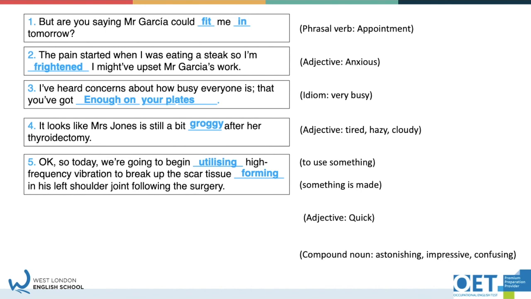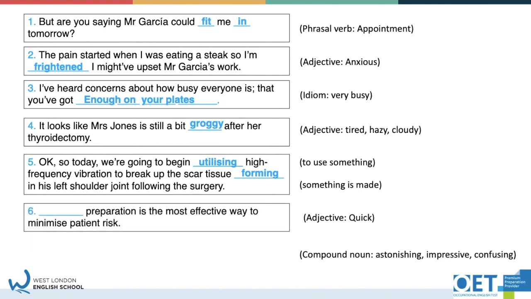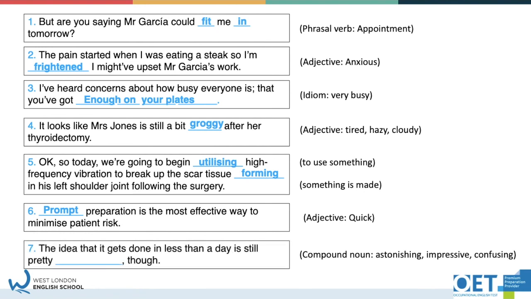And scar tissue forming in his left shoulder is to do with making. Prompt. This is another good word as well. So prompt preparation means quick. We can also use this as an adverb, promptly, which is the same as quickly. And finally, mind-boggling. So again, astonishing, impressive, confusing, like we said before.